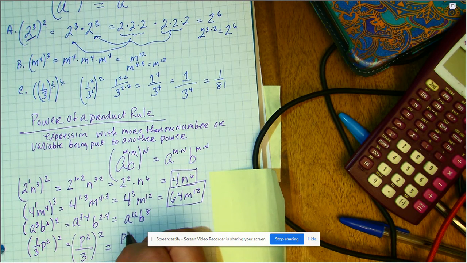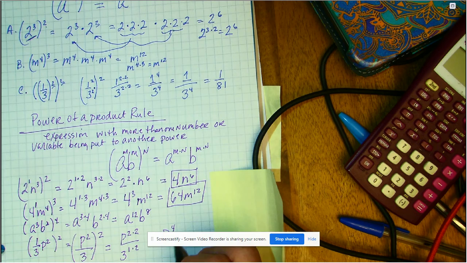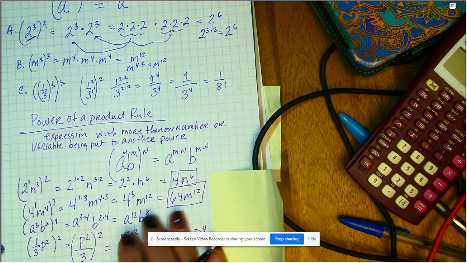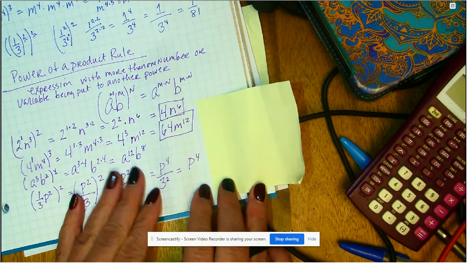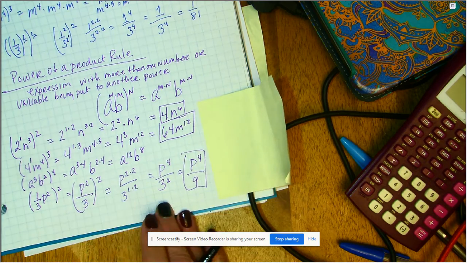On top I'd have p to the 2 times 2. On the bottom I'd have 3 to the 1 times 2, because I don't see an exponent there, so it must be 1. So p to the 4th over 3 squared gives me p to the 4th over 9.